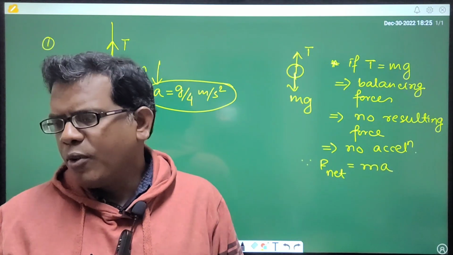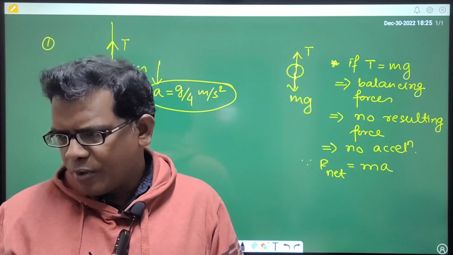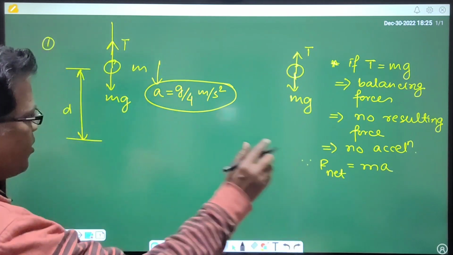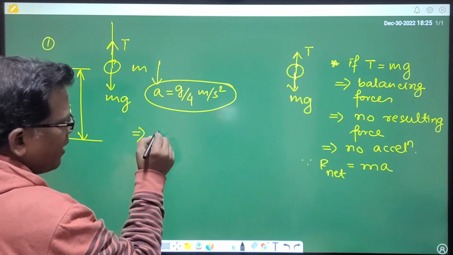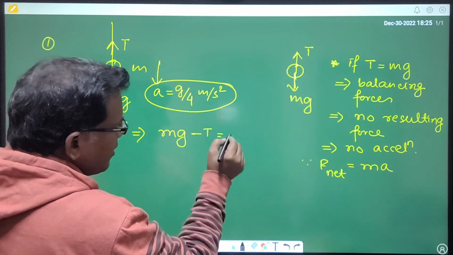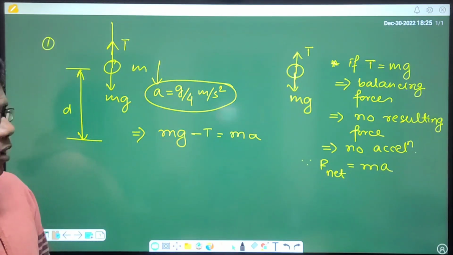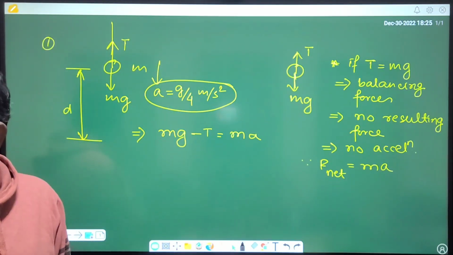That means the net force should give the possible acceleration of g by 4. This implies that definitely mg is greater than T. So mg minus T should be m into that resulting acceleration, because the resulting acceleration is given downward.